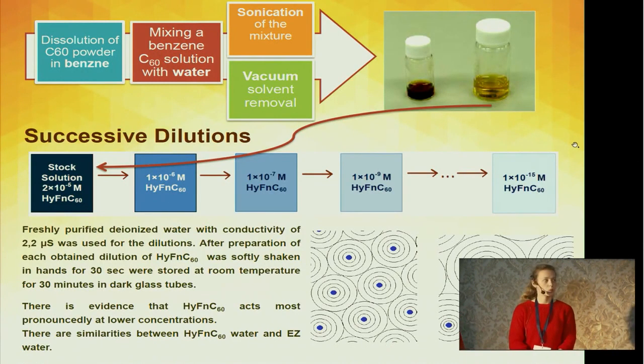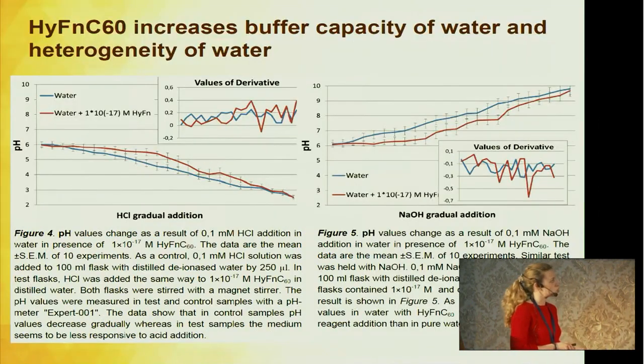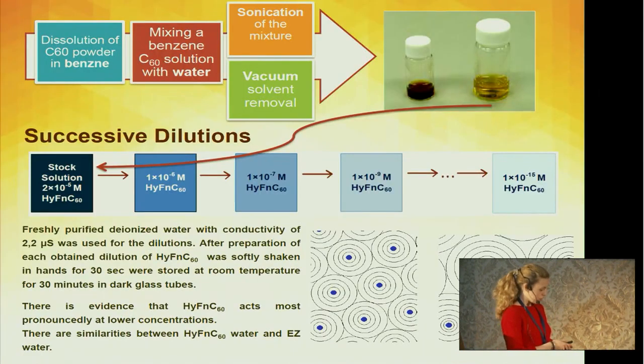Here's an overview of how we obtain the solutions of hydrated fullerene. The producer, Professor Andreevsky, at first in Ukraine, dissolves fullerene black powder in benzene. The next step is to mix this mixture with water, and then this mixture is sonicated.